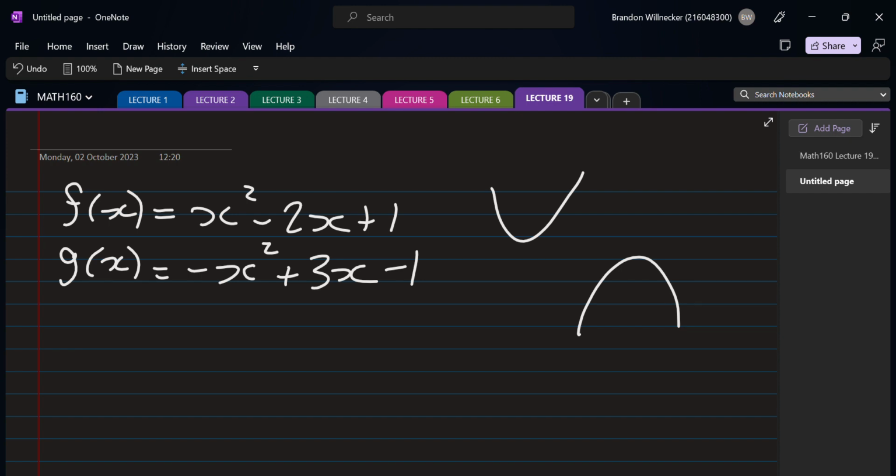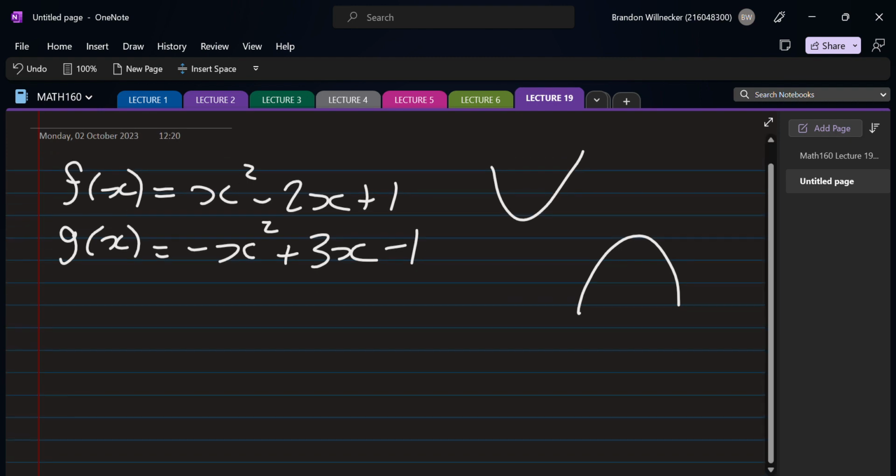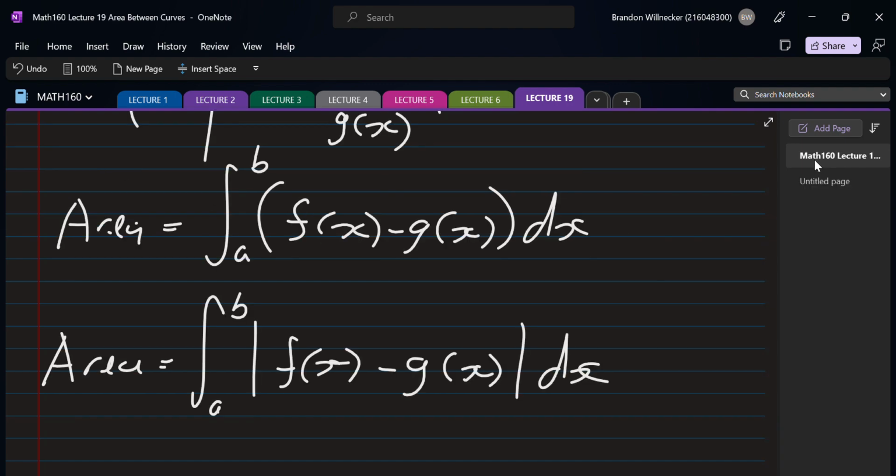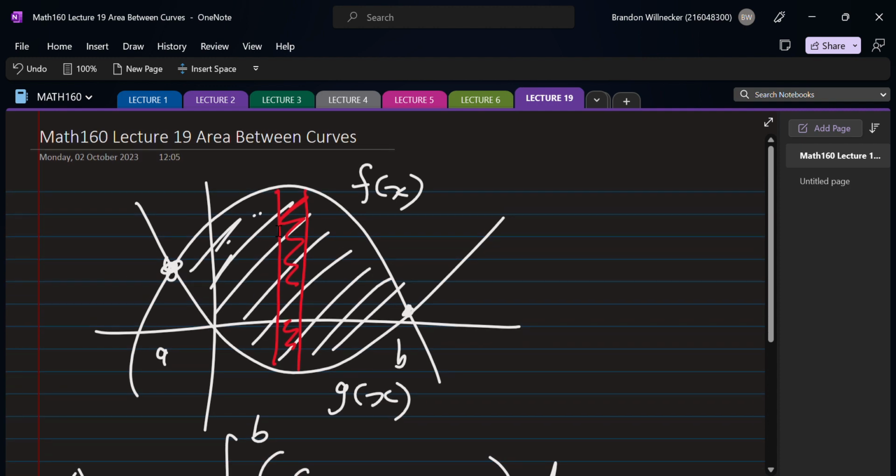Now, if we didn't know which one's which, then we would have to use the absolute value. And we'll have a look at that in the next part. Okay, so first we need to find where the two functions intersect, because that will give you our a and b values. So here. Okay, so we've got the upper function, the lower function. The region is between the two intersection points.